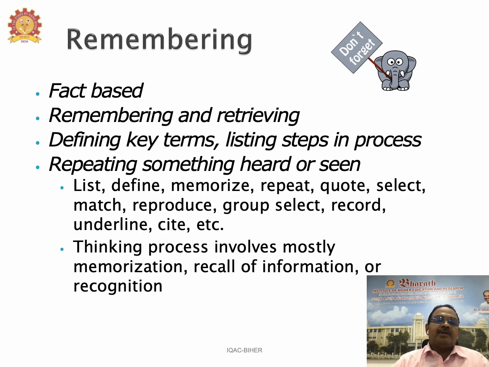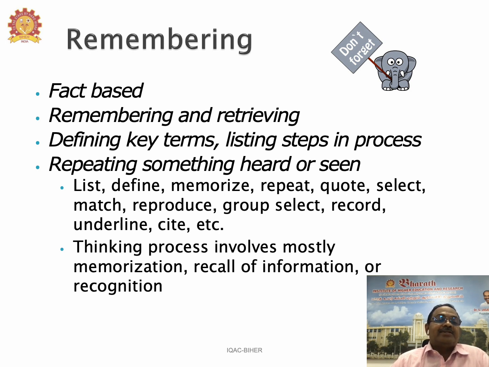The first level of the cognitive domain is the learning method of remembering. Everything starts from this. Remembering any basic concepts or terminology is the first level of learning. It covers fact-based things like formulas, quotations, natural events, facts, and scientific truths.